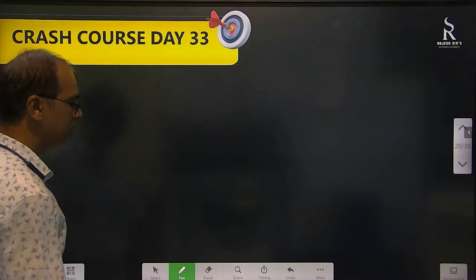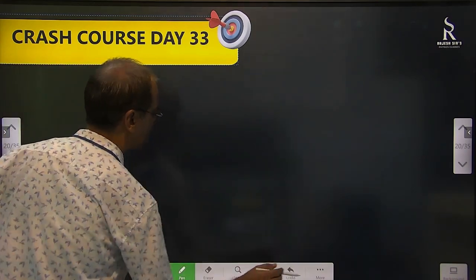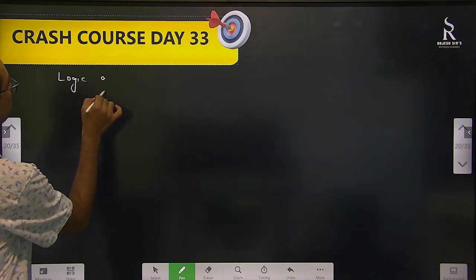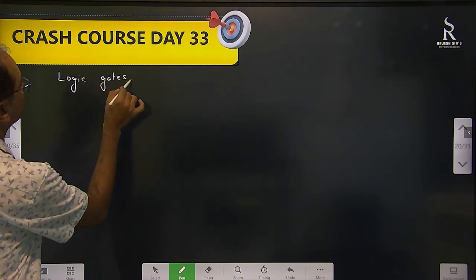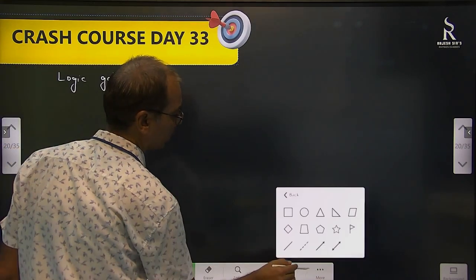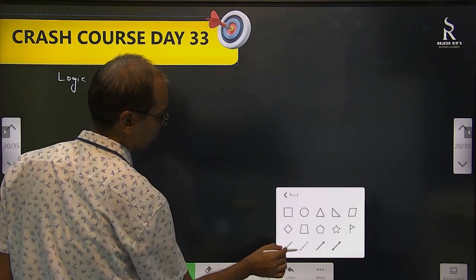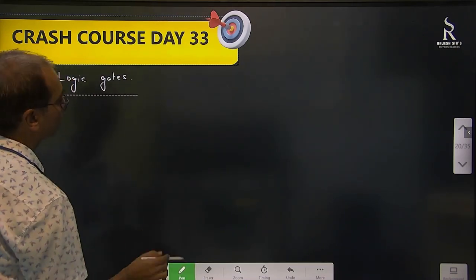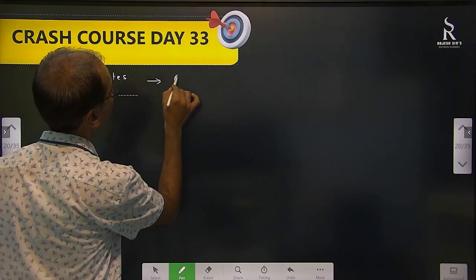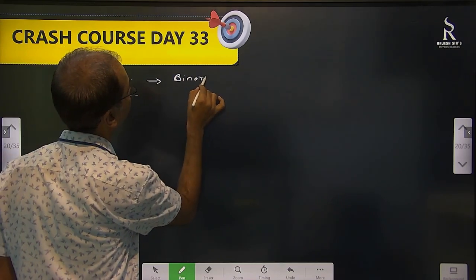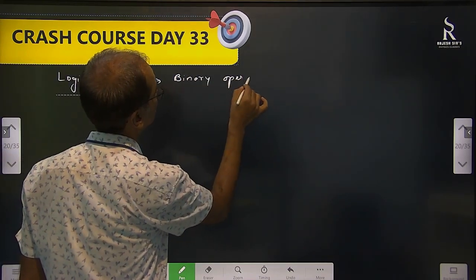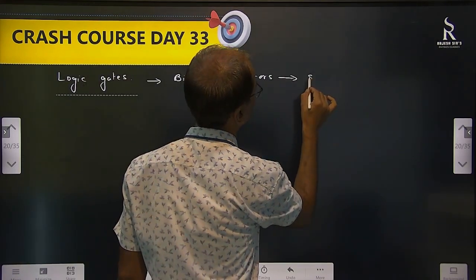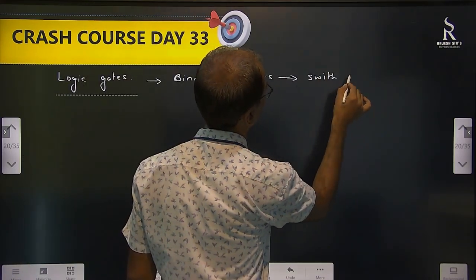Now, what we have in semiconductors, a very small thing is there, we call this logic gates. Okay, logic gates are basically what? Switch on and switch off. Okay, these are binary operators. Binary operators means switch off and switch on.